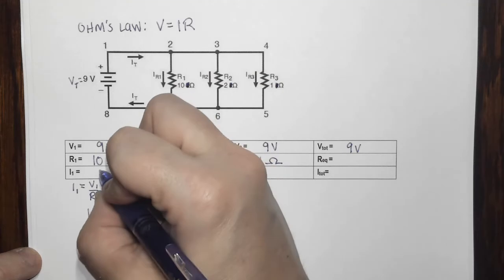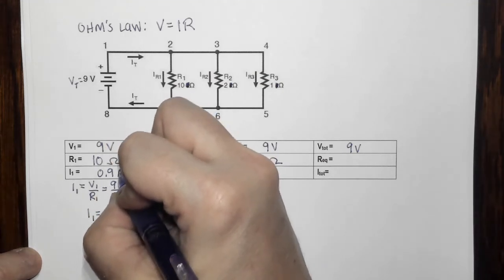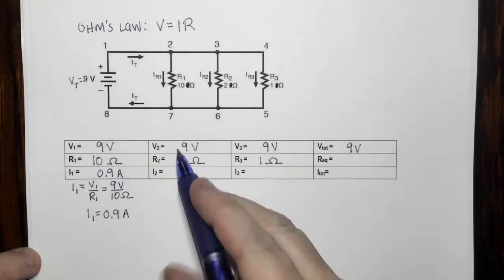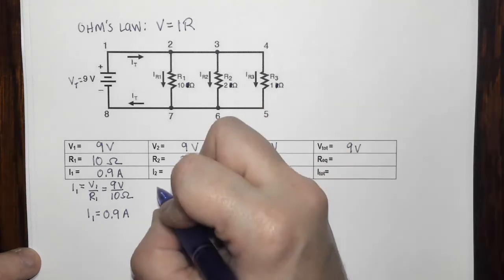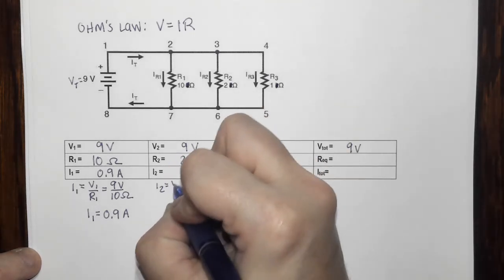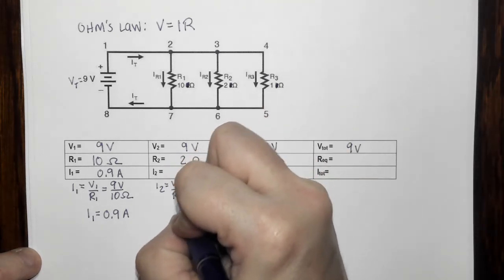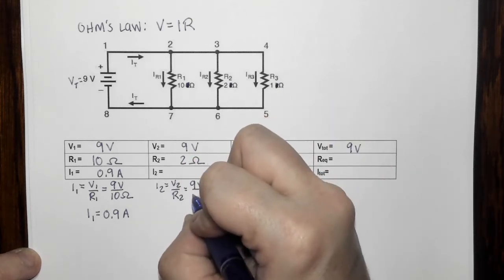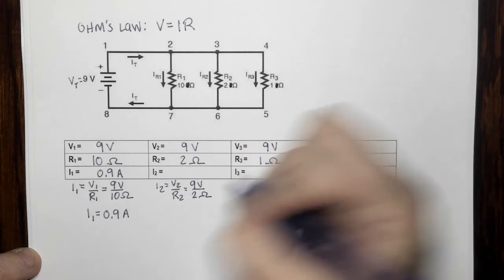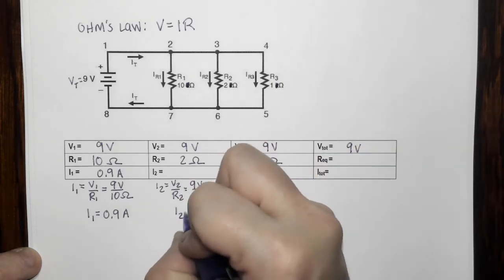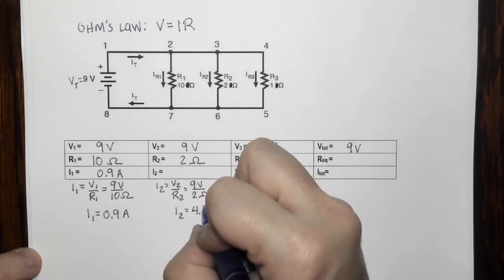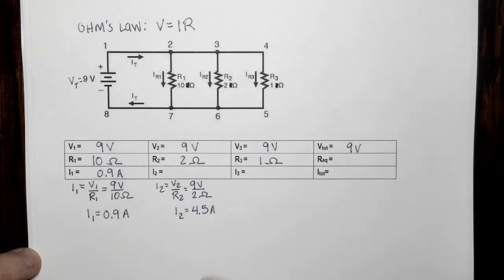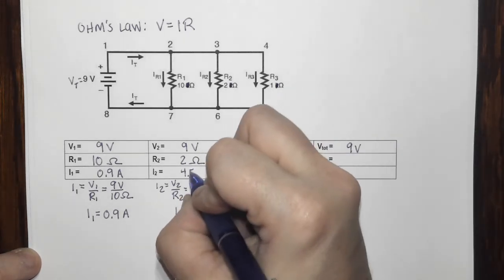And I can write that in. Same thing for resistor 2. I2 is going to be equal to V2 over R2, which is going to be equal to 9 volts divided by 2 ohms. I2 is going to be equal to 4.5 amps. I can write that in.